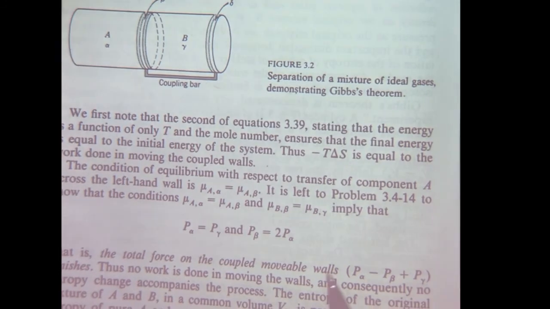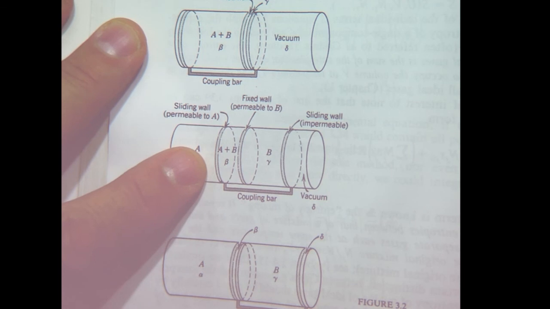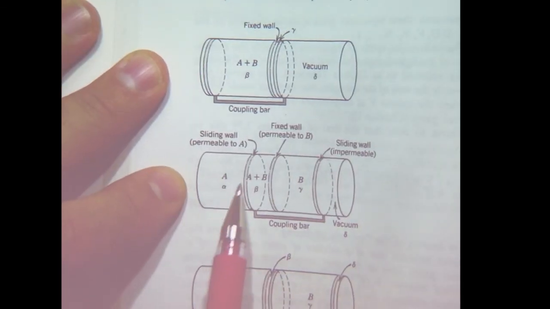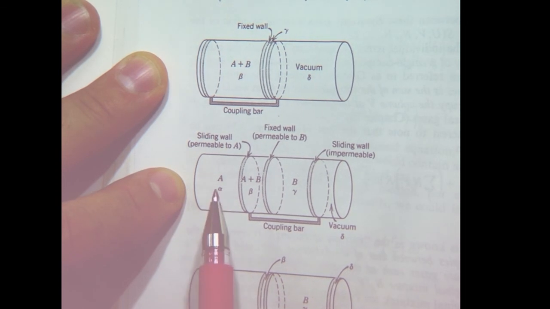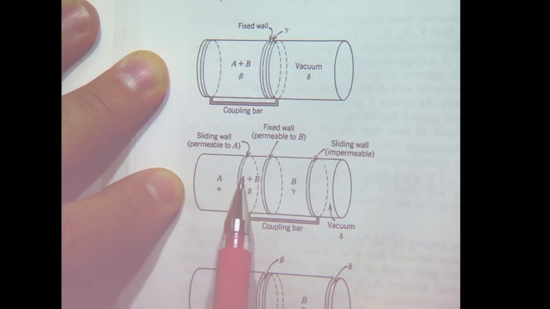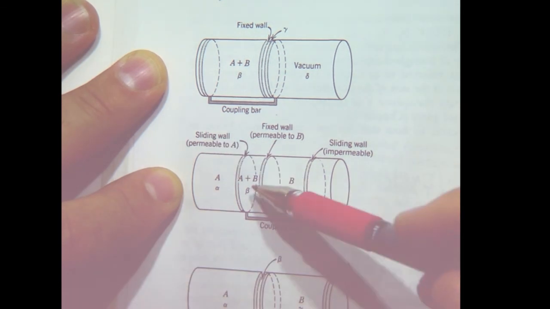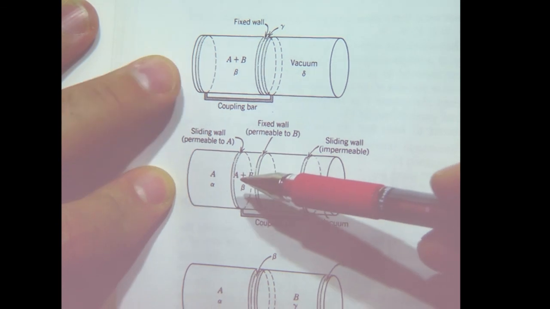Okay. Now, what's the total force on the moving walls? So for example, just looking at here, the force towards the right due to chamber alpha is the pressure P alpha, essentially pressure per unit area, to the right. And then chamber beta has a pressure P beta, and it exerts a force to the left, so it's minus P beta.